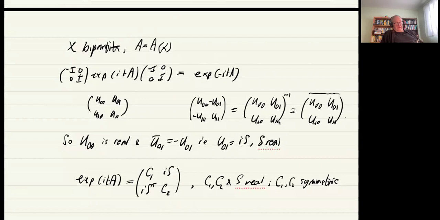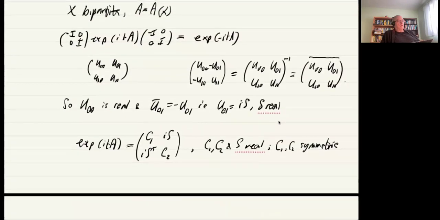And so the conclusion is that if X is bipartite, then U(t) can be written in this form, where C1 and C2 are real, and S is real. That's what we need. So the transition matrix for a bipartite graph has a special form. In particular, the entries are either real or purely imaginary. And that's what I'll need.